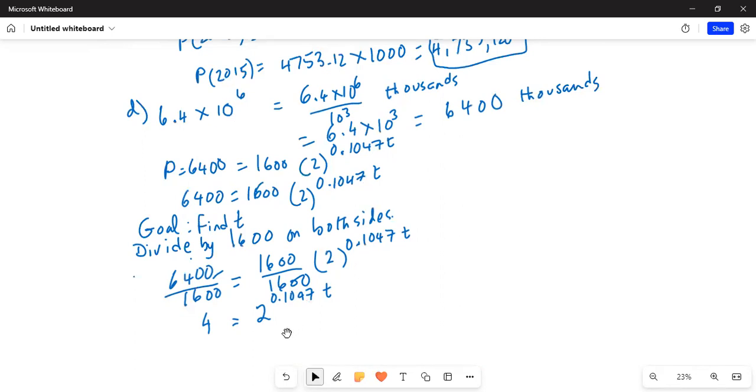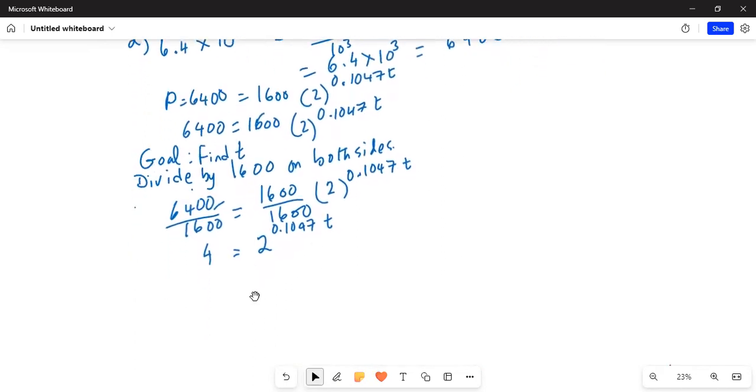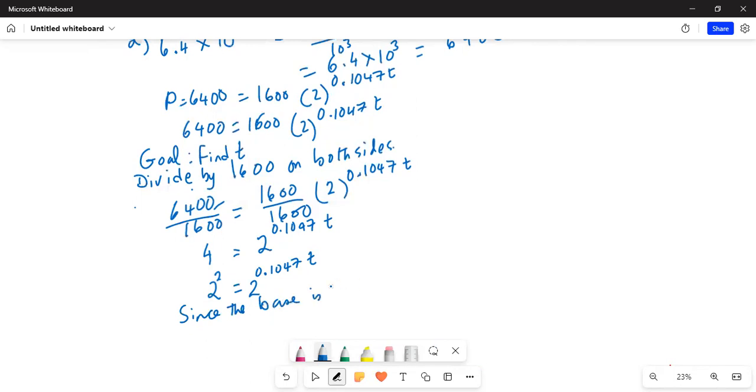Okay, so the left hand side, 4, I can write as 2 squared. Then 2 squared, which is 4, is equal to 2 exponent 0.1047t. Since the base is 2 on both sides, we can equate the exponents.